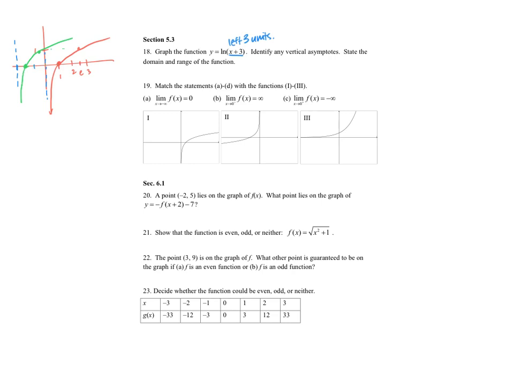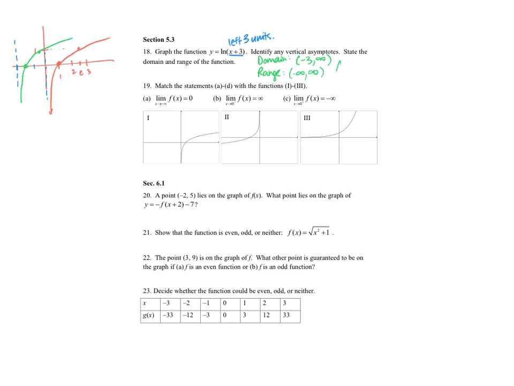Then it says to state the domain, range, and asymptotes of the function. So the domain: all the x values where we have graph, the graph is starting at x equals -3, but it doesn't actually hit -3, so -3 to infinity with an open parenthesis. The range is going to hit all the y values from -infinity to infinity.